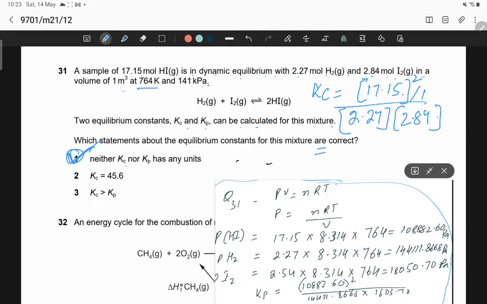This is equal to 45.6. So this option is also correct and this one is incorrect. So if options 1 and 2 are correct, B is the correct option.